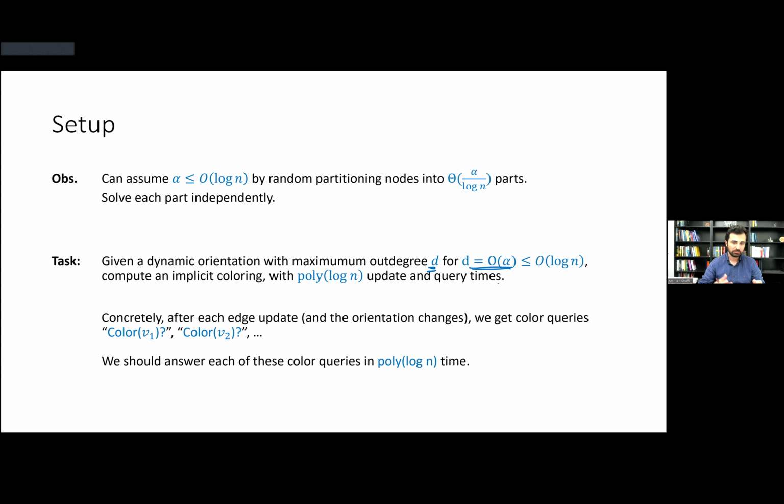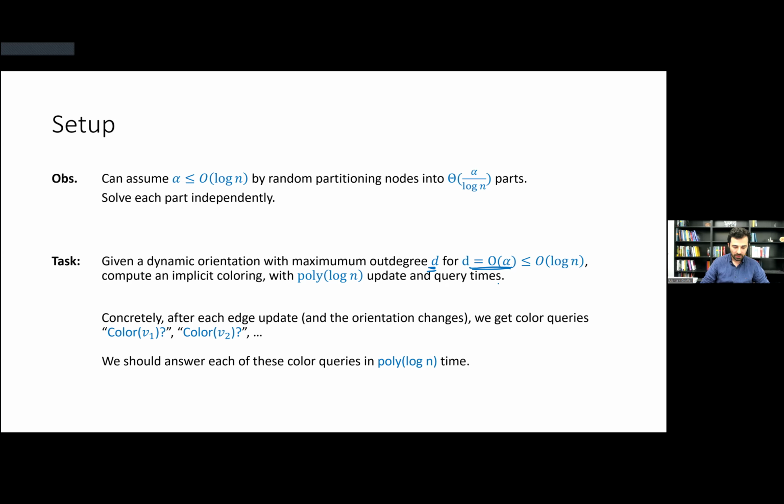Okay, so generally we will receive, after each edge update and after the orientation has changed accordingly, perhaps a collection of queries. It says, what's the color of this vertex? What's the color of that vertex, etc. And we would like to answer these queries in polylog n time. And the first thing that we will see is how to answer these in polylog n amortized time.